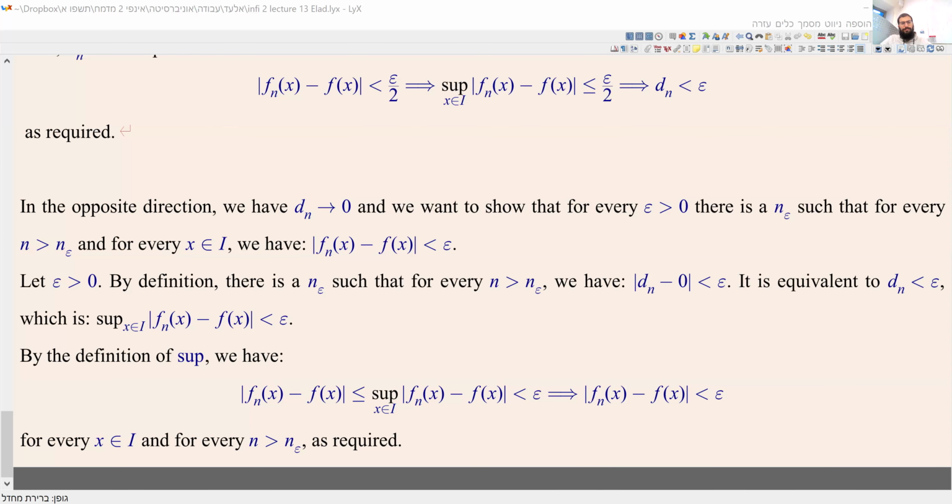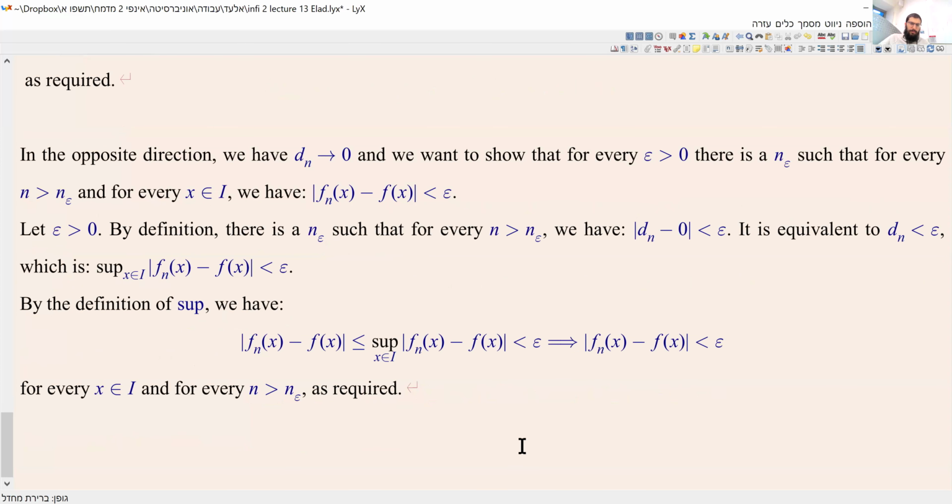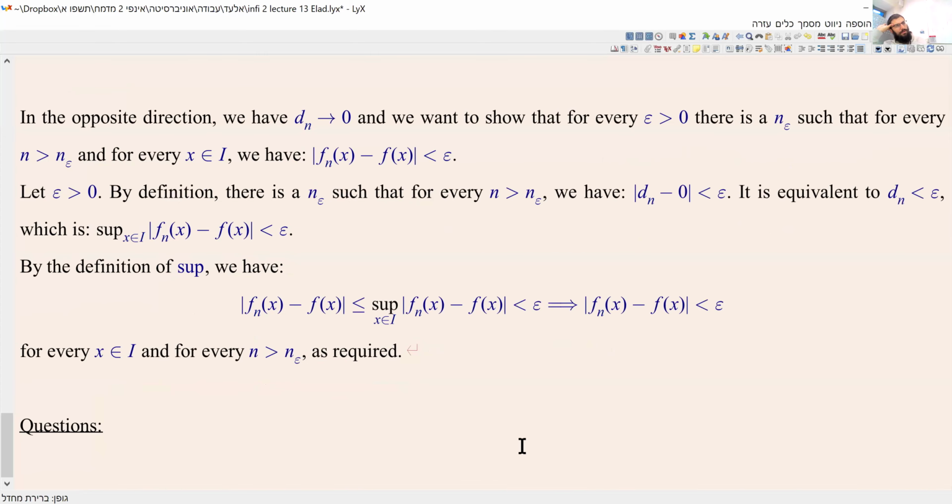So, as I mentioned in the last part of this lecture, I want to re-ask the questions we asked on Sunday, but now we are given that Fn is uniformly convergent to f and not just pointwise convergent.